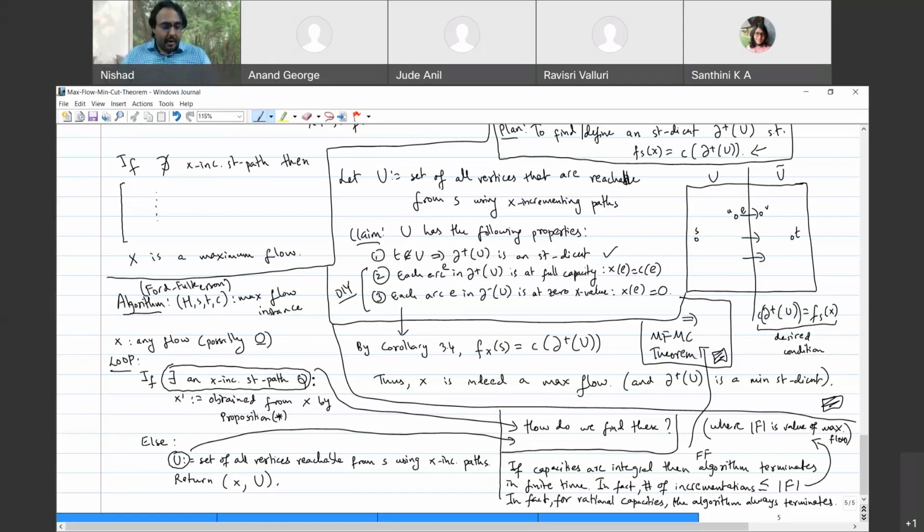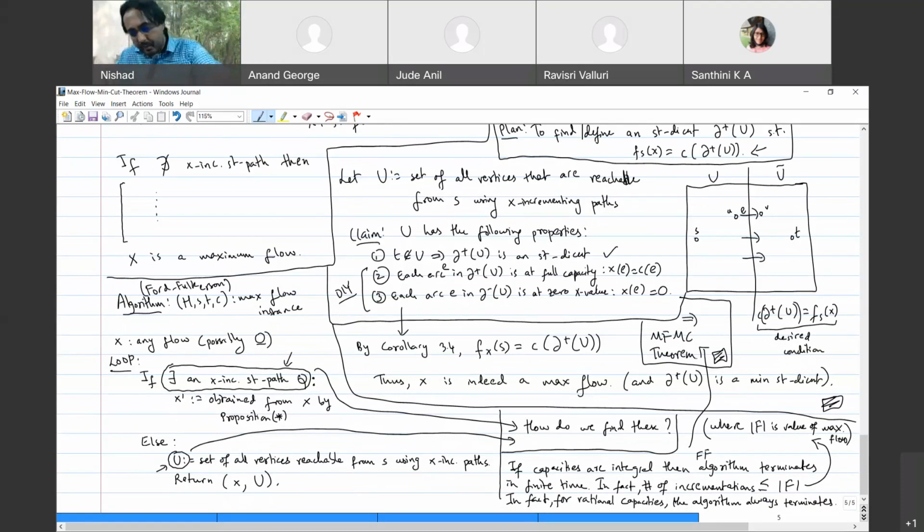good. What else? Yeah, so I think the only thing we need to discuss now is how do we find an x-incrementing ST path, and how do we find this set of all reachable vertices. Turns out these are both using the same technique, and this we will discuss on Monday, but you can think about it yourself, and I'll give you a hint.